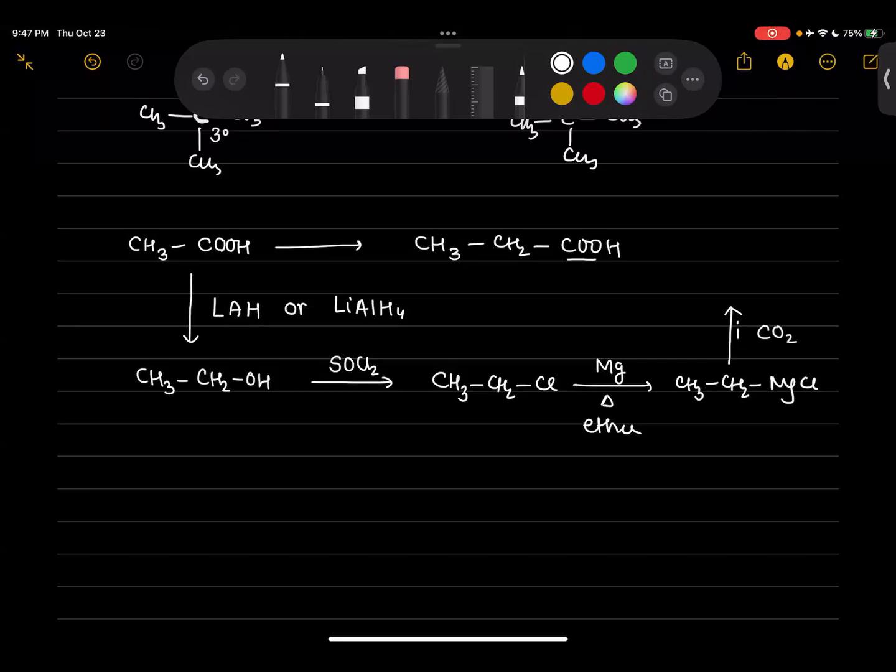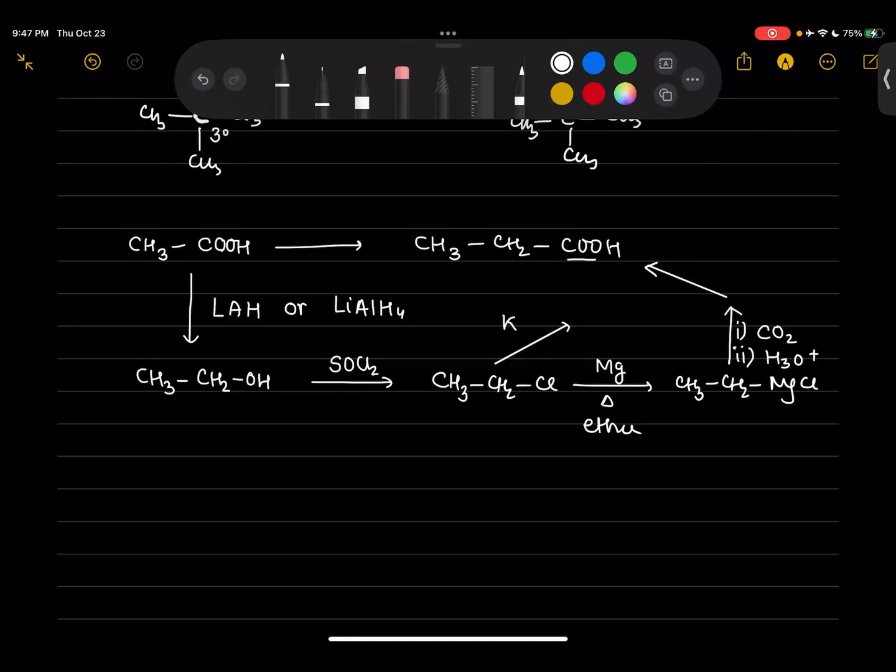So first add CO2, then do the hydrolysis. That will convert that COO minus to COOH, and you are going to get this product. Is it clear or not? Yes, sir. Okay. Or you could have used KCN and hydrolysis.